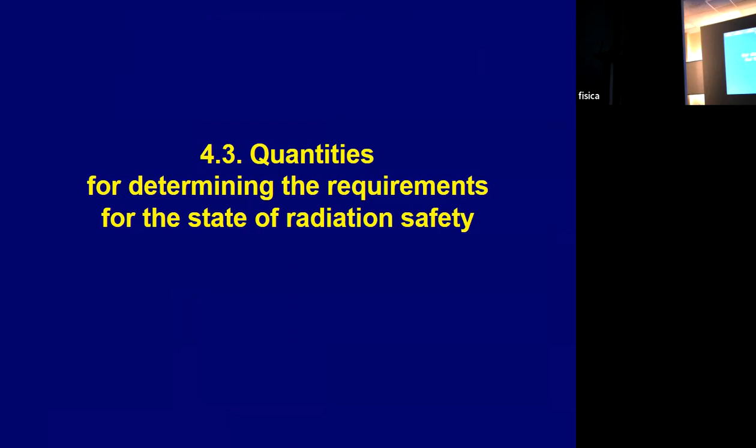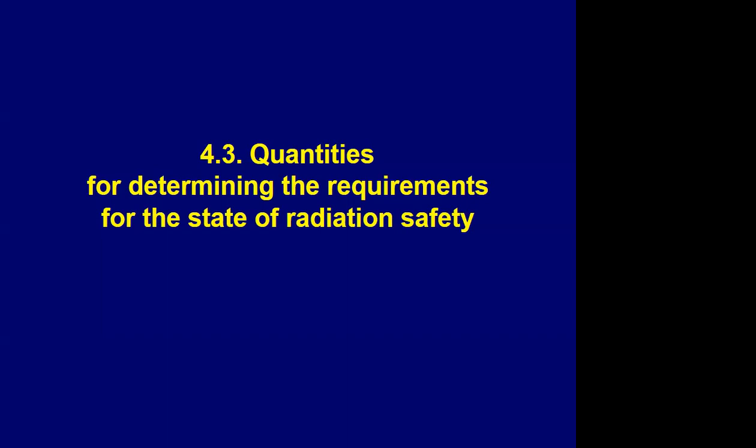Now we come to the quantities for determining the requirements of radiation safety. In this section, we will consider the dosimetric quantity, the effective dose, which is used to characterize the conditions of exposure under which the objectives of ensuring radiation safety can be considered achieved.